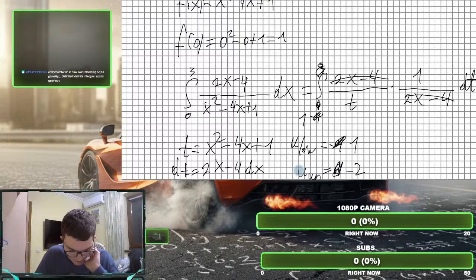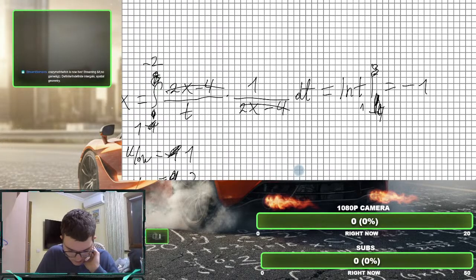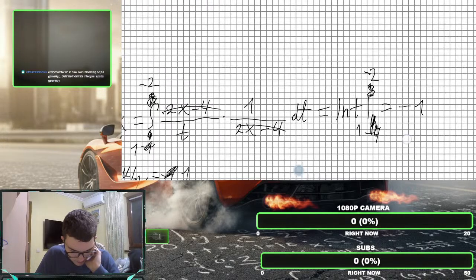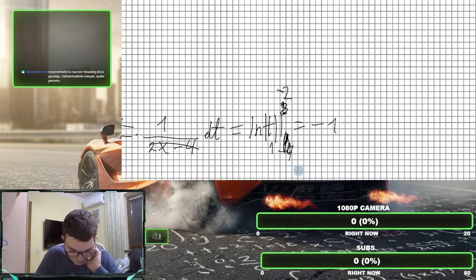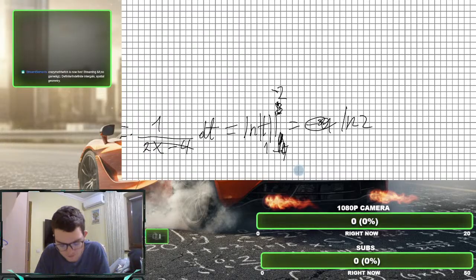So here's 1, here's minus 2, and here's basically the same thing. And I would get that it is ln of minus 2 minus ln of 1, but you have to understand that it's actually the module here. So ln of 2 minus 0, because ln of 1 is 0, and ln of 2 just stays like that. So it's essentially ln of 2.